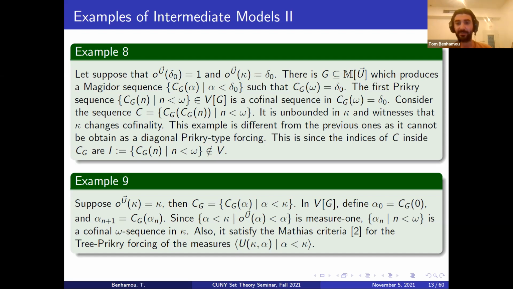This is the coherency. This means that the CG will enter this measure one set from a certain point. So every point of CG would have order less than itself from a certain point.